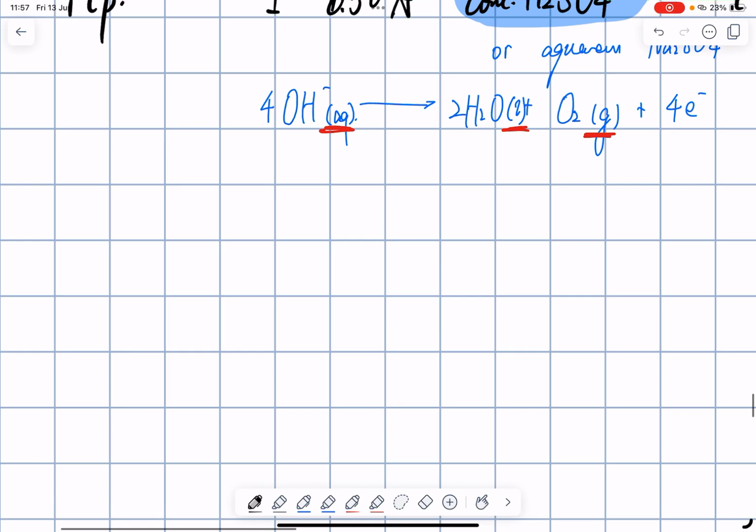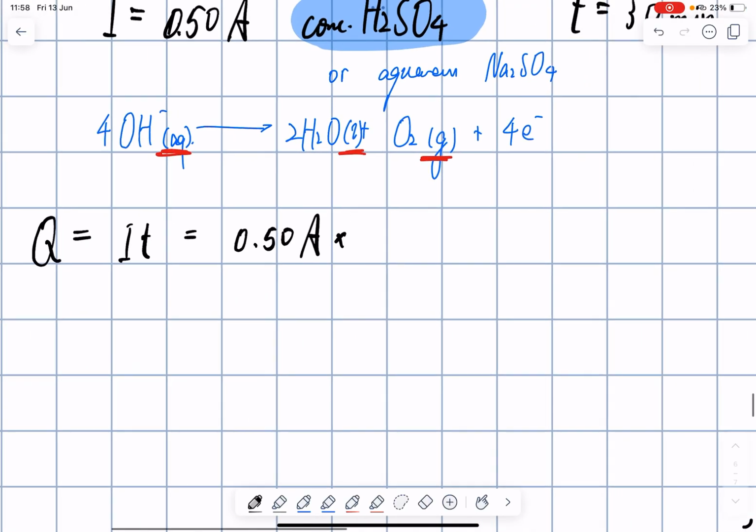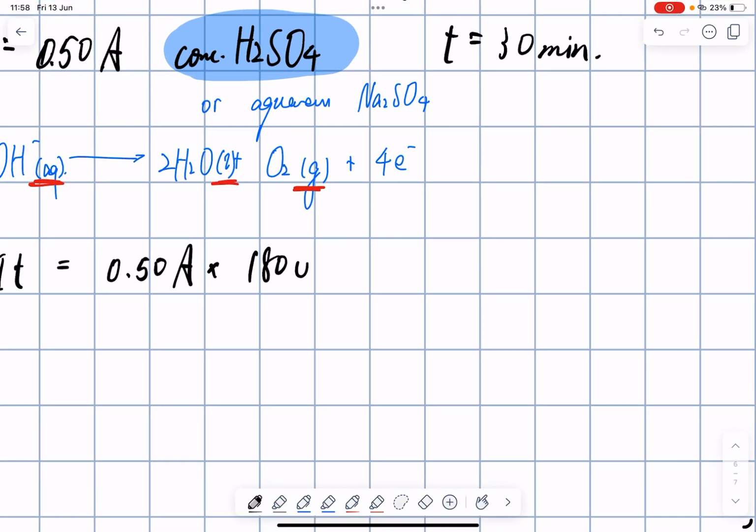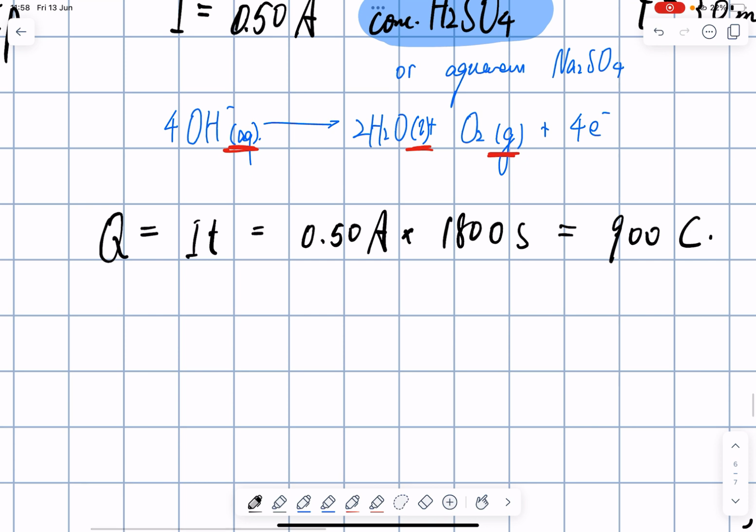First, as usual, we calculate the charge, which equals 0.50 ampere times 1,800 seconds, which is 900 coulombs. Here you see 4 moles of electrons are produced when 1 mole of oxygen gas is produced.